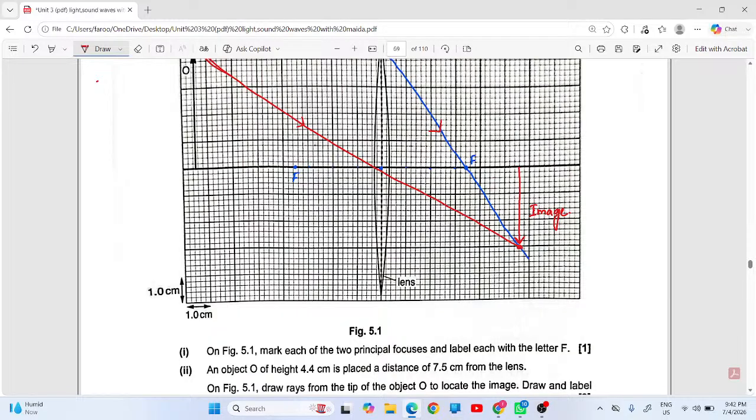So first we have to show the correct position of the principal focus. Then we have to consider the two light rays. One is parallel, the second one is incident on the optical center. The point of intersection of these two light rays gives the location of the image.